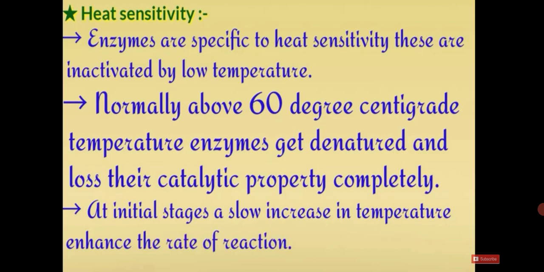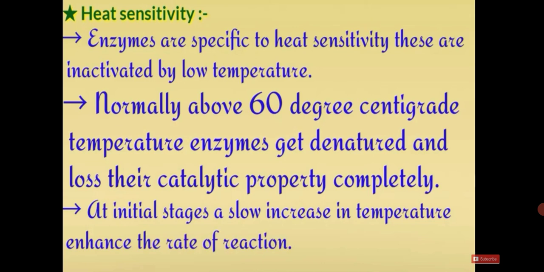The next property is called heat sensitivity, as the enzymes are specific to heat sensitivity. These are inactivated by low temperature. So the temperature is a very important factor which can affect the enzyme rate of reaction actually. When the temperature is increasing, there is the initial increase in the rate of the enzymatic reaction, but to a certain limit.